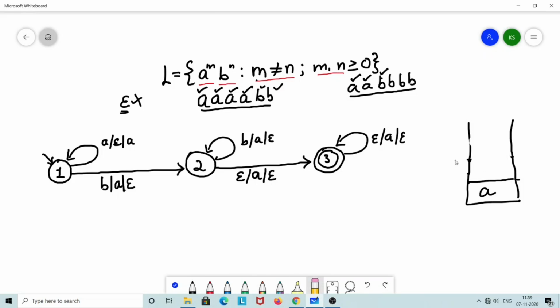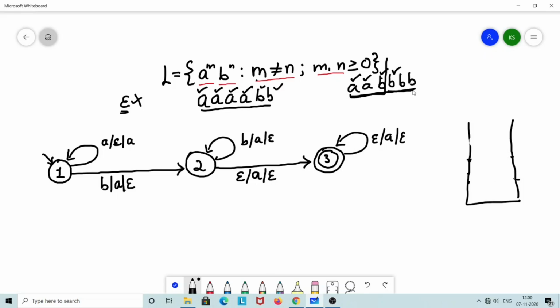And for the second B, again I'll perform a pop operation by popping A from the stack. Now, after encountering AA and BB, I am in state 2 and my stack is empty, right? Now what do we have further?